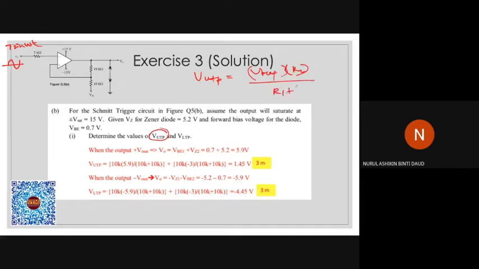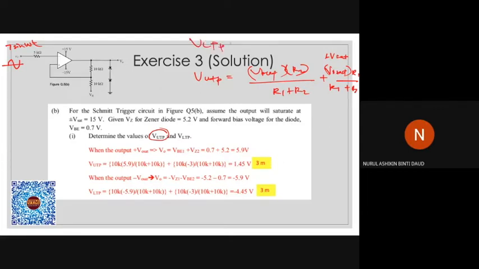Then plus VO saturation, where the VO saturation will be a positive value if the signal is at the non-inverting input, so positive VSAT, times R1 over R1 plus R2. So these are the formulas for VUTP.